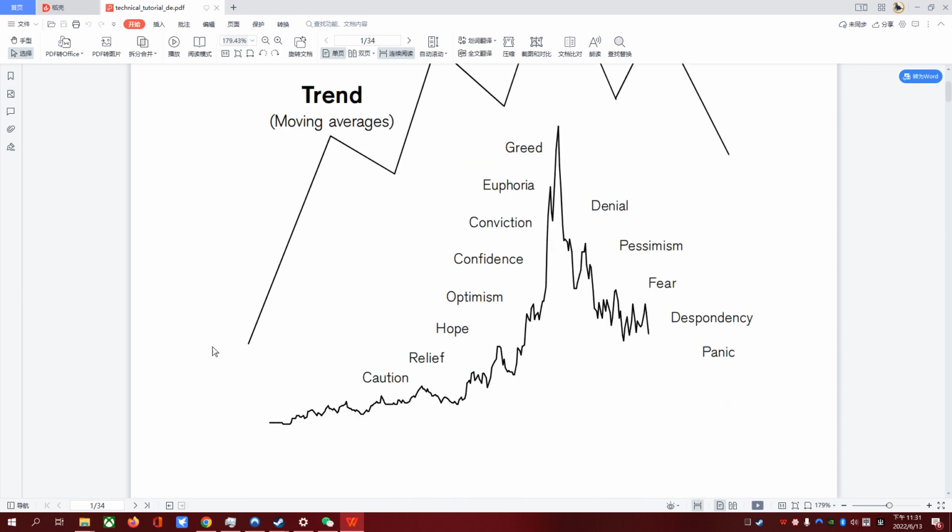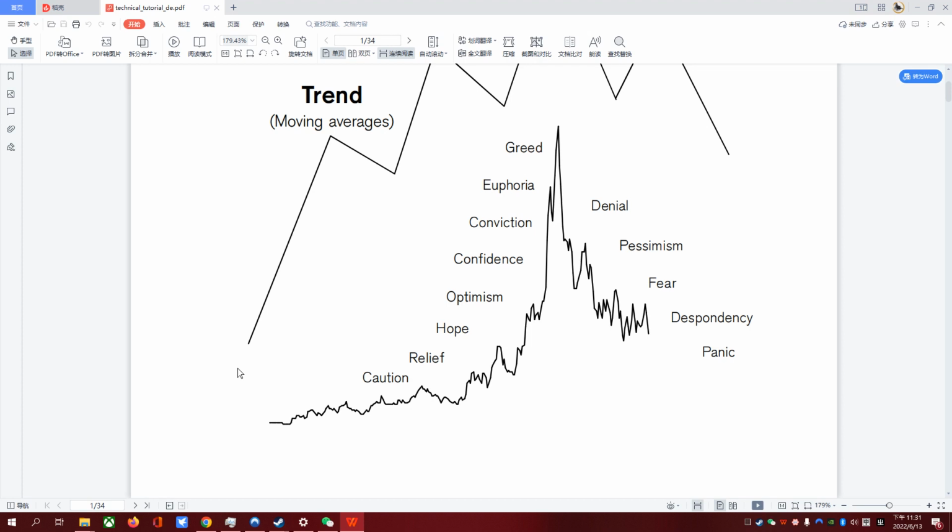So as you can see from here, this is a perfect curve indicating how an individual trader would emotionally go through different mental stages. You will basically go through from caution, because before you're investing, you haven't had your mind settled down, so you don't know what to do, and then you will have a little bit of hope, hoping that this asset or maybe this stock will go up.